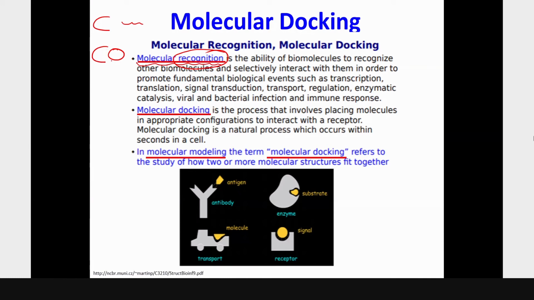So both things can fit well with each other. But there are other factors that are also important. If the two things are not able to recognize each other properly, then there is no use in just having the complementary shape. Both things should have some affinity towards each other.